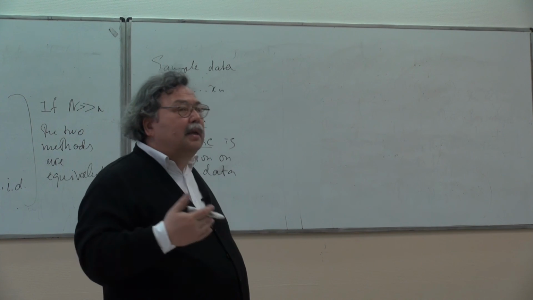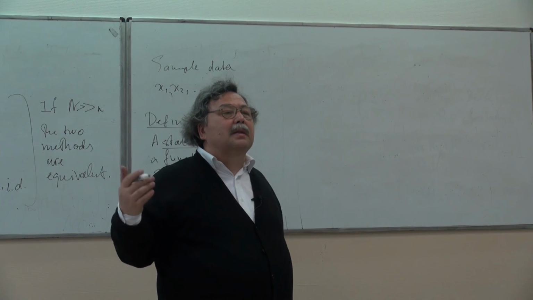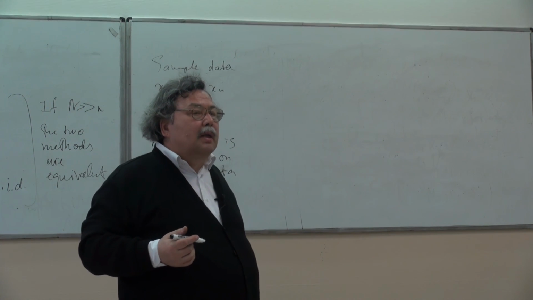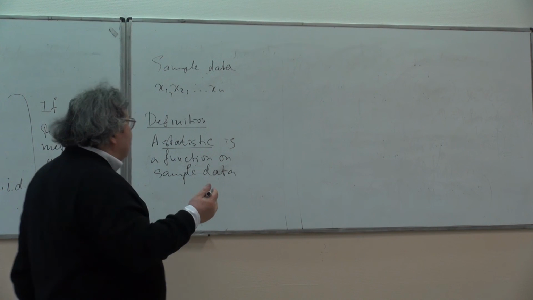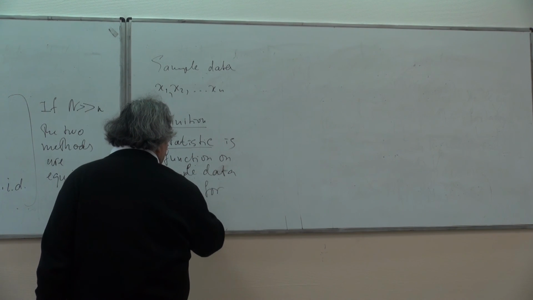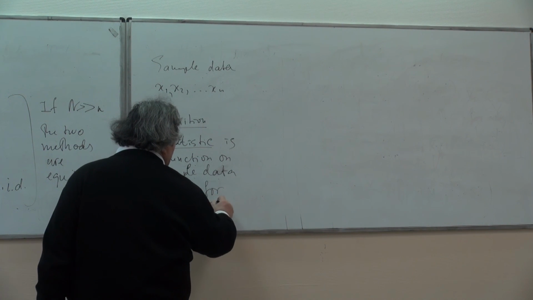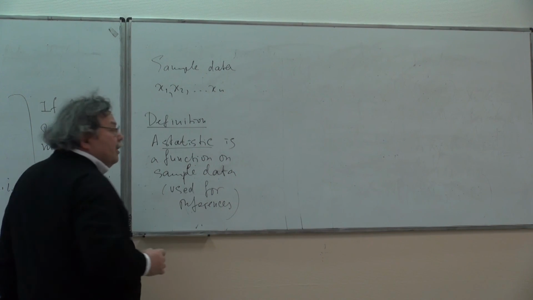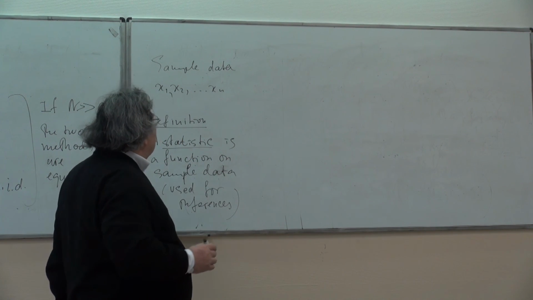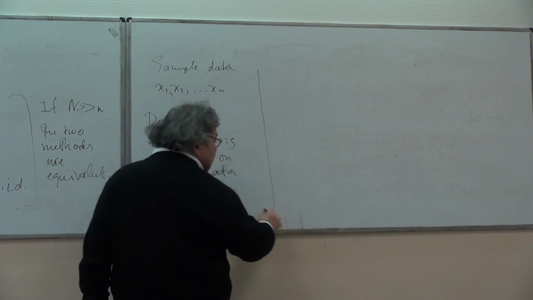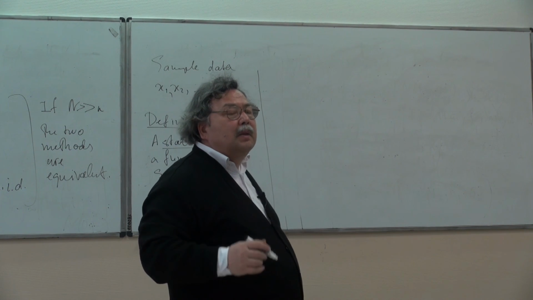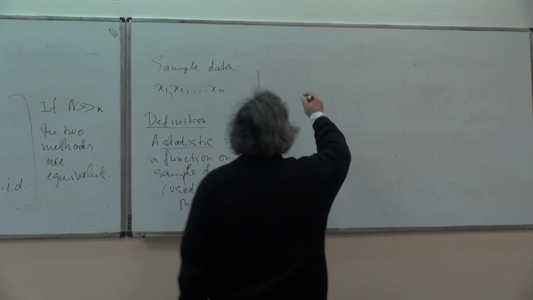Now, formally speaking, it can be any function, but of course, in reality, we understand that a statistic is used to make some inferences or conclusions concerning the population as a whole. So it's not just any function, it's a function used for inferences. Now, inference is another word for conclusion about the population. All right, and also, apart from this, we define what an estimator is. Definition.